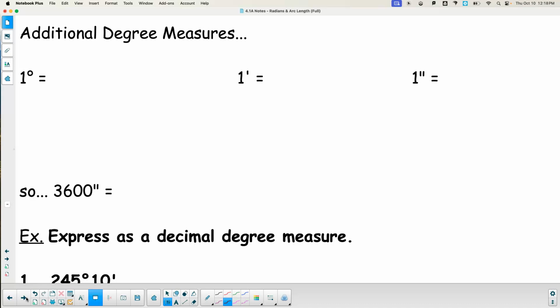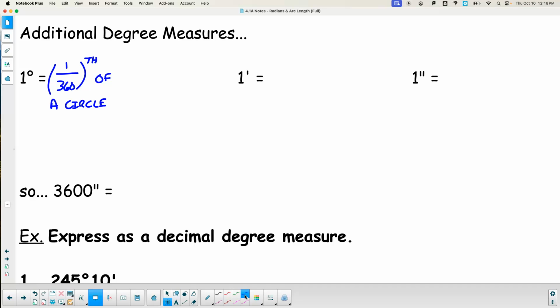So 1 degree is 1/360th of a circle, right? 360 degrees all the way around a circle. So 1 degree is 1/360th of that. Makes sense? Yeah?